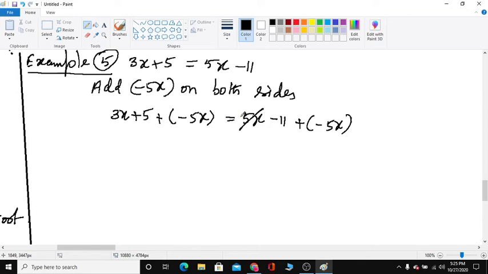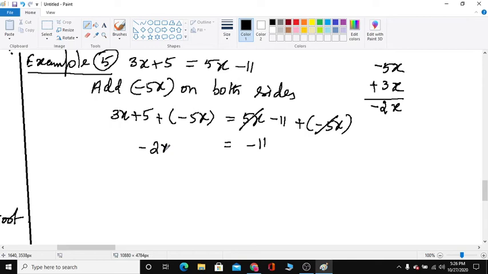So here we are adding positive and negative. Subtract and write. 5 minus 3, 2. So minus 2x. 3x plus minus 5x is minus 2x. And constant term is here. Plus 5 is the constant term, right? 3x plus minus 5x is minus 2x.